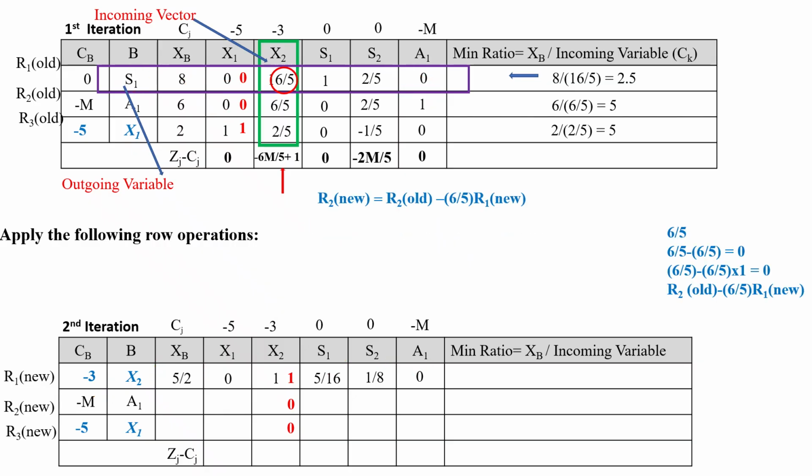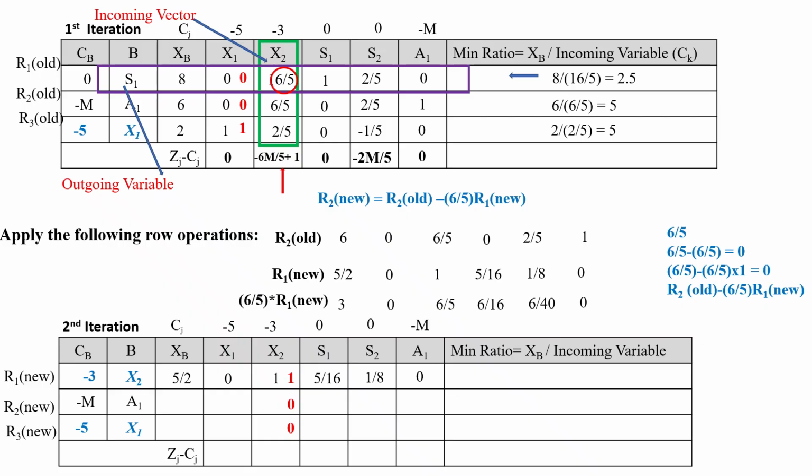The next row operation is R2 new equal to R2 old minus 6 by 5 into R1 new. First write down the R2 old elements. Next write down the R1 new elements and multiply with 6 by 5. Then the R1 new elements will become 3, 0, 6 by 5, 6 by 16, 6 by 40 and 0.